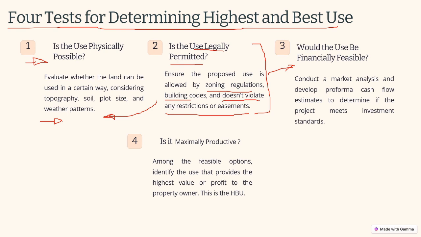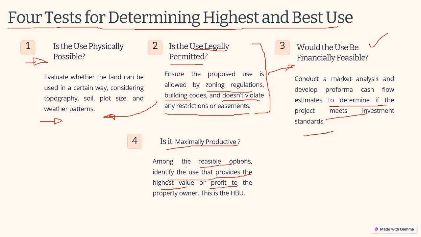That is whether it is financially feasible, that you conduct market analysis and develop pro forma cash flow estimates to determine if the project meets the investment standards. So you have to check whether the use is financially feasible or not. And then you have to check whether it is maximally productive. Among the physical options, identify the use that provides the highest value or profit.